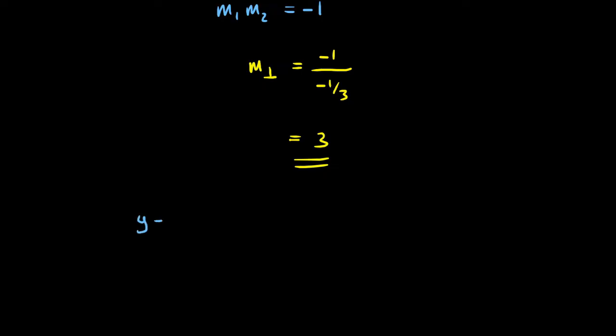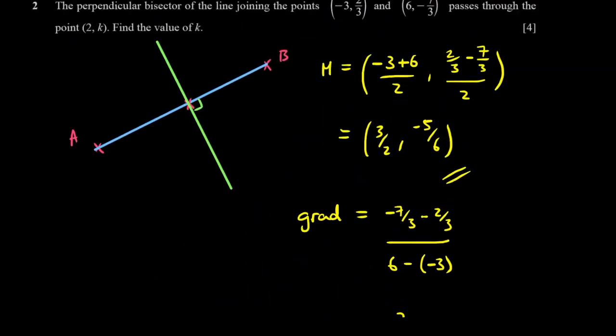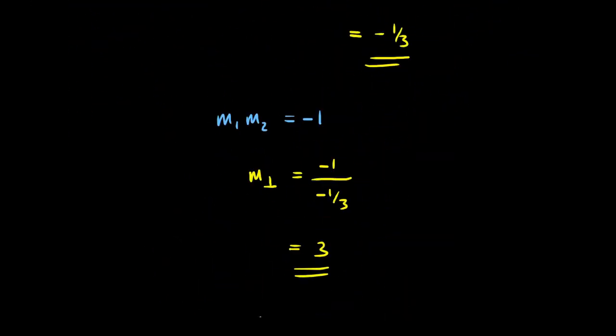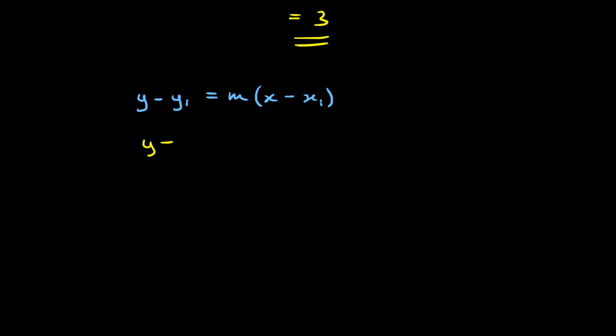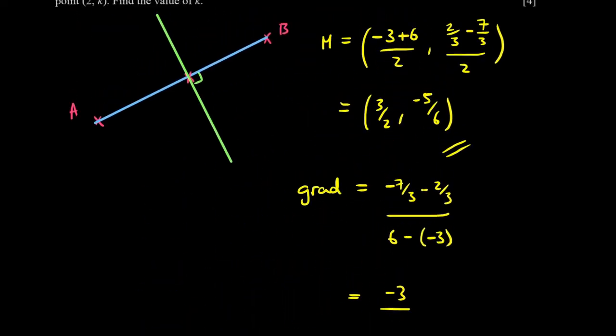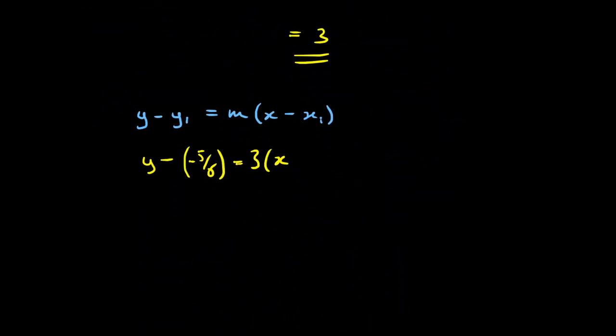y minus y1 is equal to m(x minus x1). Okay, so our y coordinate was, let's go up again, negative 5/6. Our gradient is 3. And our x coordinate was 3/2. Okay, and I think probably a good idea just to rearrange this.